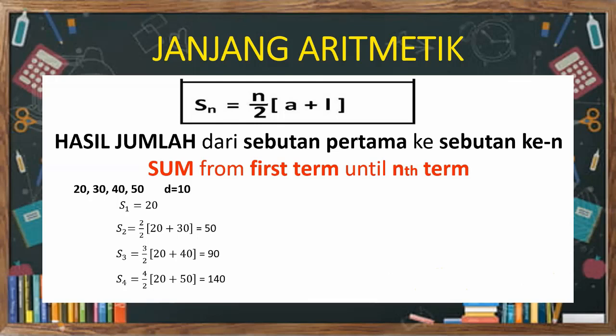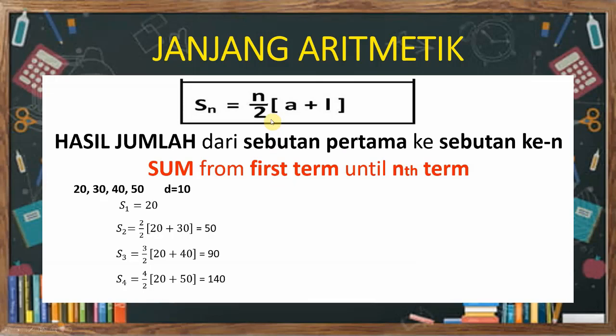So that was the formula for finding the sum of arithmetic progressions from the first term until the nth term. I hope you understand it. There is actually another formula, also for the sum of n terms.